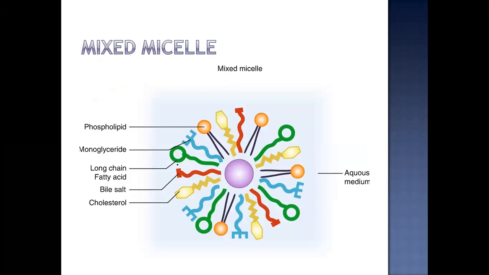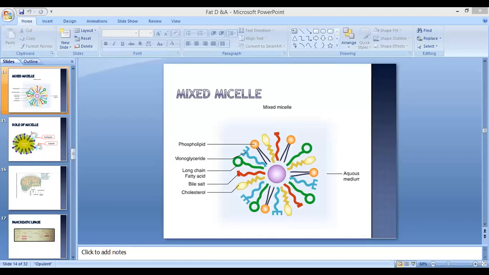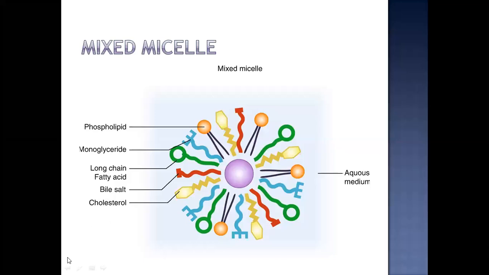You can see here, you can draw a simple micelle structure like this, where you have to mention its components, that is the phospholipid, monoglycerides, long chain fatty acid, bile salt, cholesterol, etc. Okay, so you have to mention individually the phospholipid, monoacyl glycerol or monoglyceride, long chain or free fatty acid, bile salt, and cholesterol.